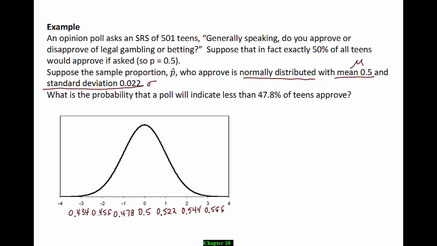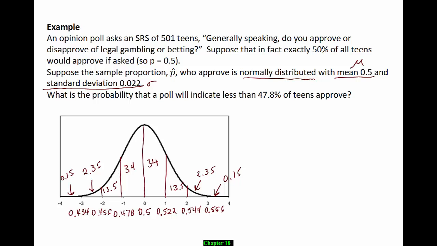So now we can label our areas. We know from Chapter 13 that 34% goes here and 34% here. 13.5% go in these two spots. 2.35% goes here and here. And 0.15% goes here and here.